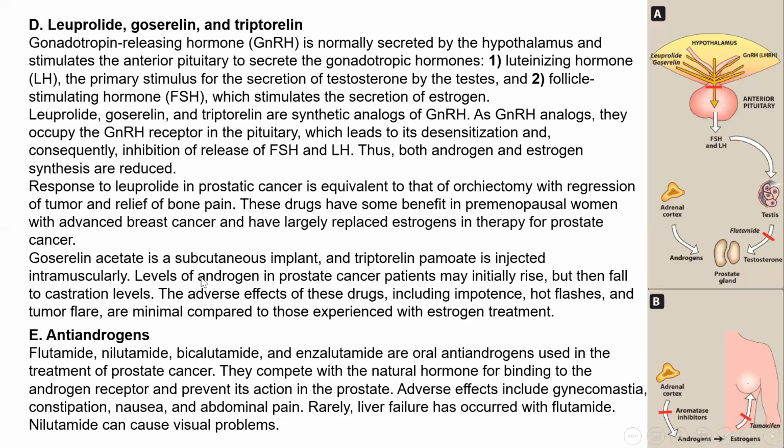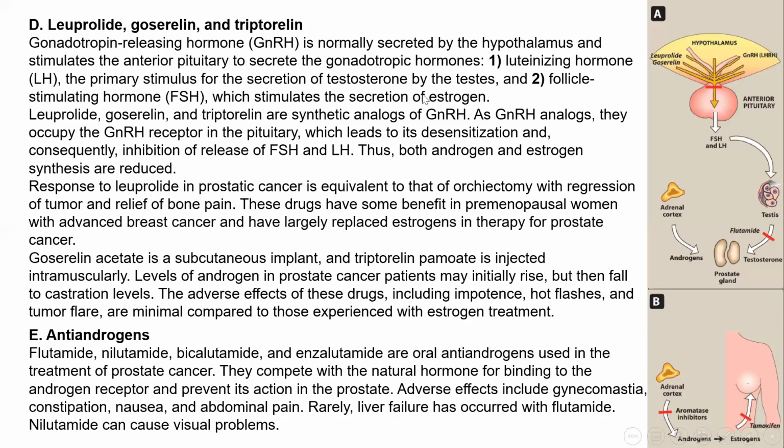Goserelin acetate can be used as a subcutaneous implant, while triptorelin can be used by IM injection. Levels of androgens in a prostate cancer patient may initially rise, and this may be due to partial agonist effects induced by these drugs, but then there is a complete fall in the levels of these androgens to the level of castration.